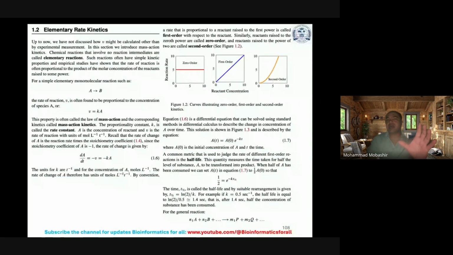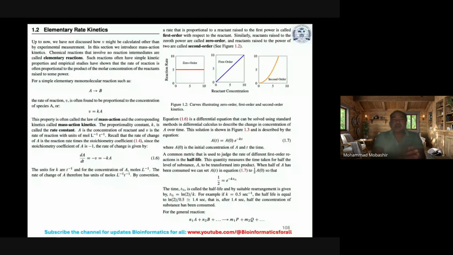Elementary rate kinetics. What are the orders of reaction? For example, zero order, first order, second order. For this, you need to understand the elementary reaction.